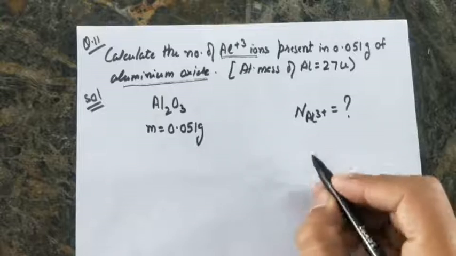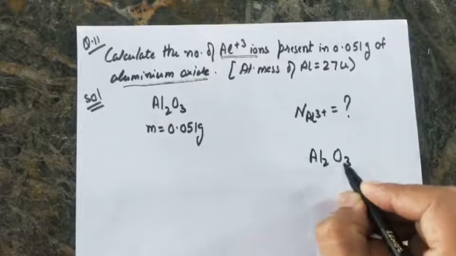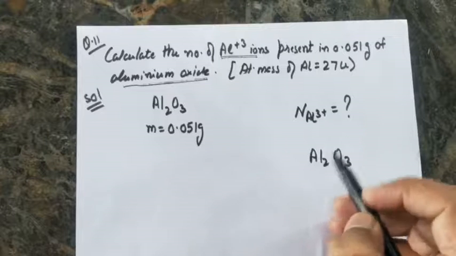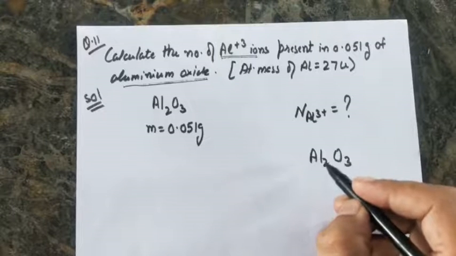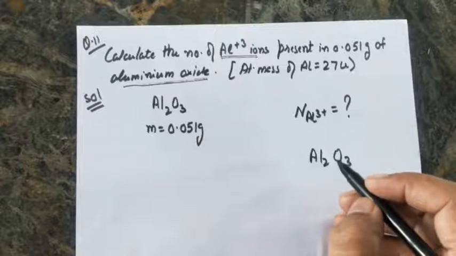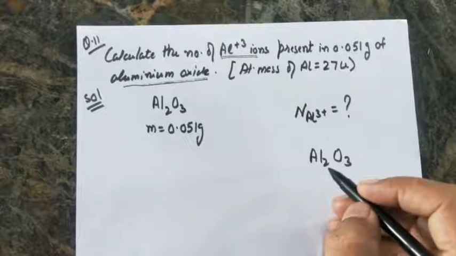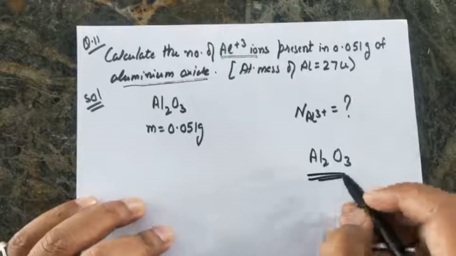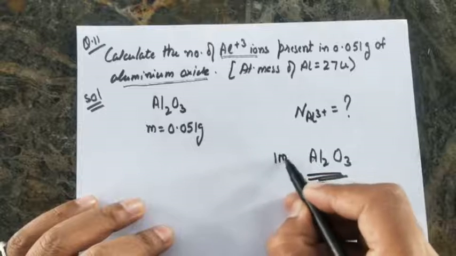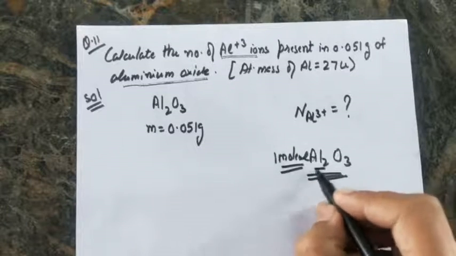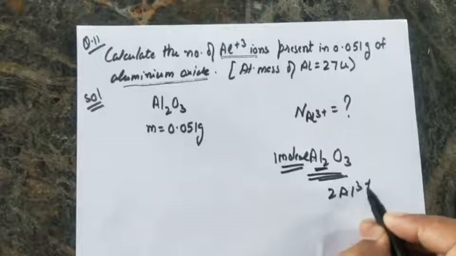In this case, we are provided with Al2O3 and we have to calculate the number of Al ions. Now students, mass of ion is similar to the mass of an atom, and number of ions are calculated in the same manner as the number of atoms. In this formula, it is clear that for one molecule of Al2O3, there are 2 aluminium ions present.